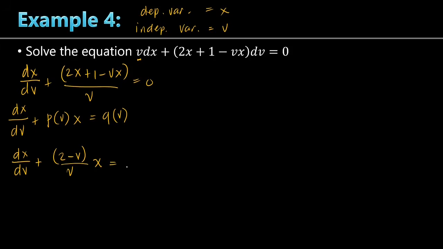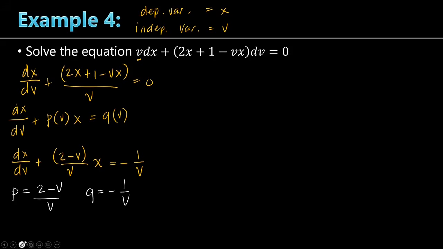So, yung 1 over v, lilipat ko sa kabila. So, magiging negative 1 over v. Ayan. So, dito, klaro na ang ating p is yung multiplier ng dependent variable na x, which is 2 minus v over v. And here, q is negative 1 over v.